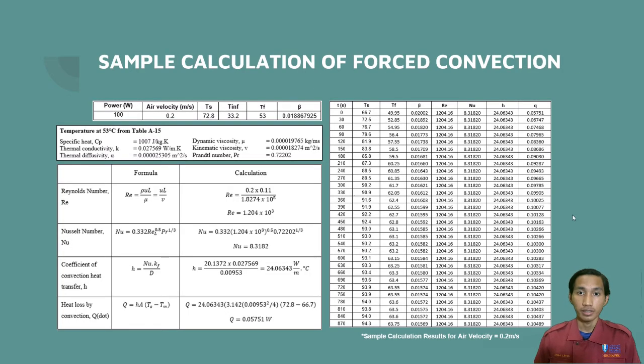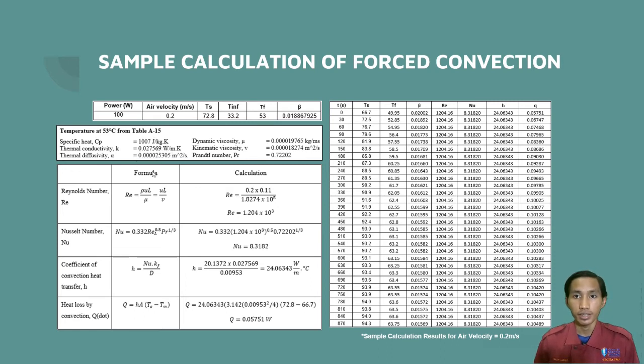Next, this is the sample calculation of forced convection for velocity of 0.2 meter per second. Firstly, we listed all the property values at the temperature of 50.3 Celsius from table A15.